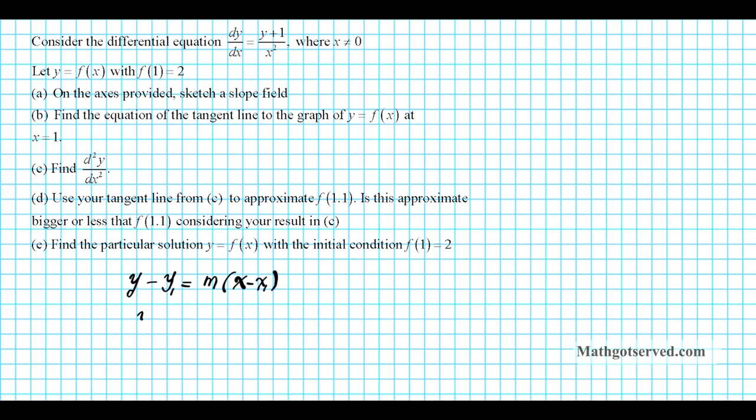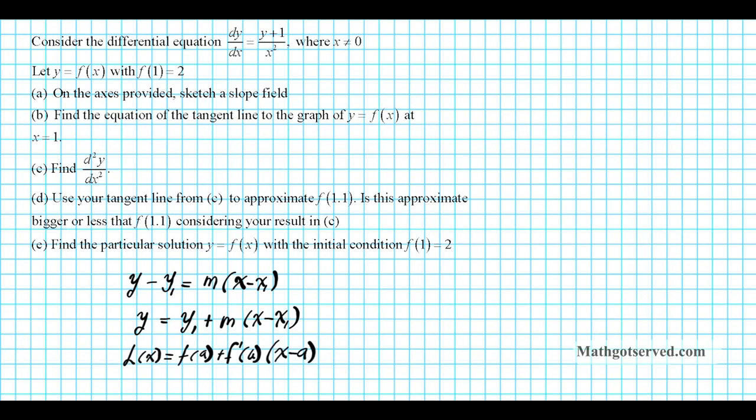If you get y by itself, you have y equals y1 plus m(x minus x1). And the calculus variation of this, known as the linearization, is given by f of a plus f prime of a times (x minus a). They all mean the same thing.